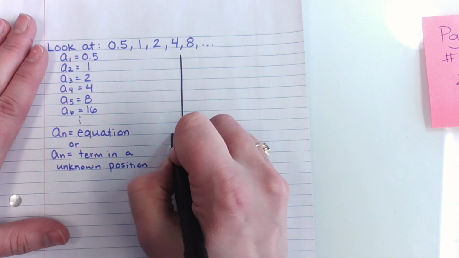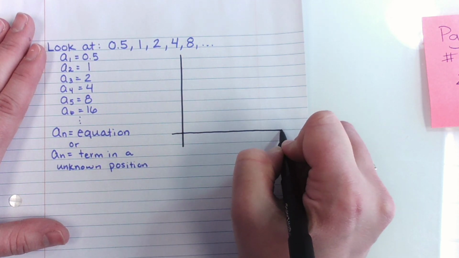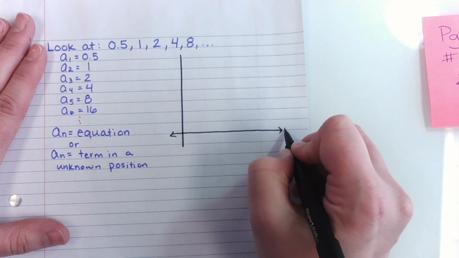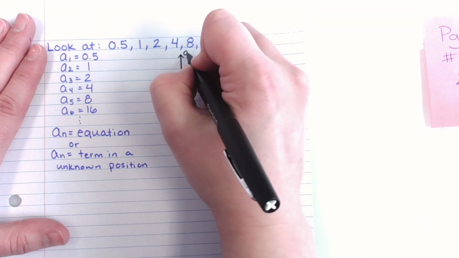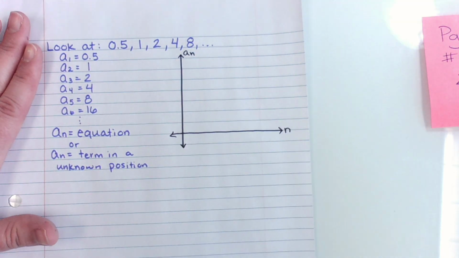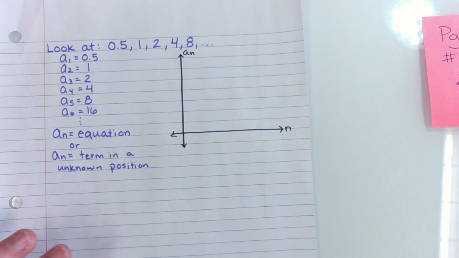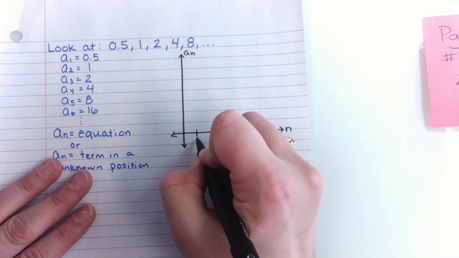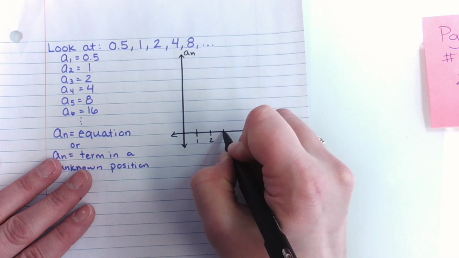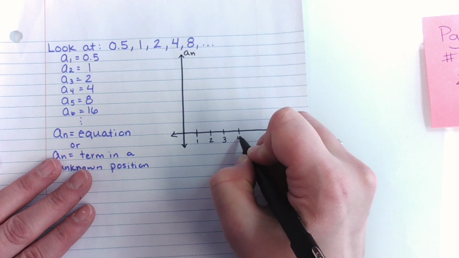These are not the x and y axis, they're the n and the a sub n axes. The n axis will never go negative. The a sub n could. This pattern doesn't go negative, so I didn't. My n-axis is always going to have those counting numbers, those natural numbers on it.